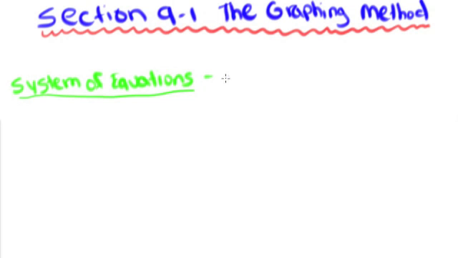Now we're going to start a chapter on systems of equations, specifically linear equations. So what is a system of equations? A system of equations is two or more equations on the same coordinate plane, with the same variables.